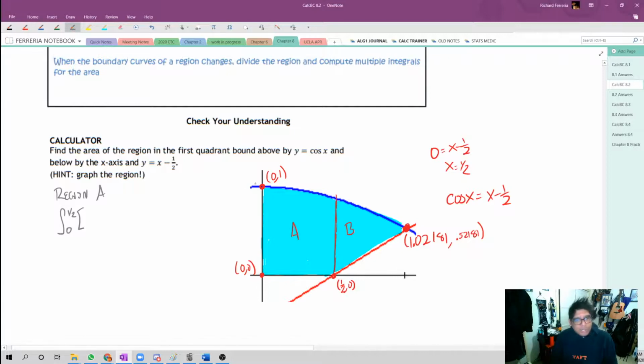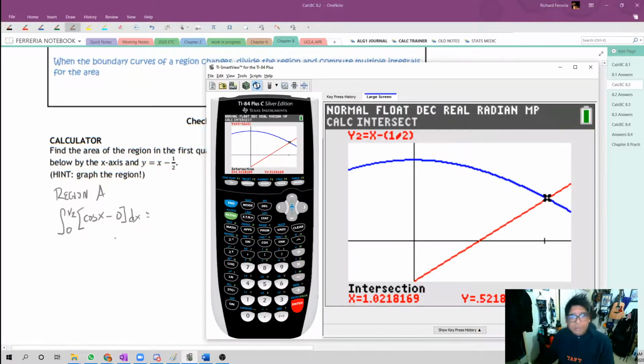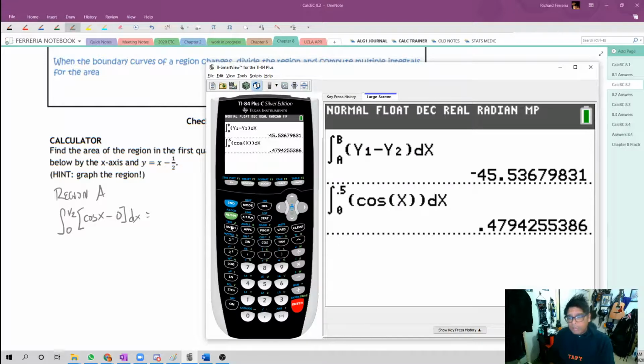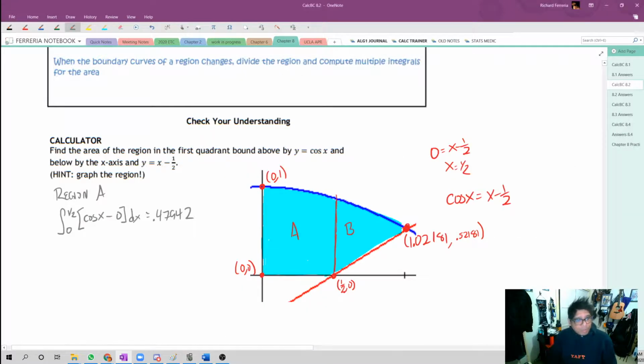The top function here is the blue line, which is cosine, and the bottom is the x-axis, so that's 0. Of course, you don't have to write 0 there. And we'll calculate that now. What's the integral of cosine from 0 to 1/2? Integral from 0 to 1/2 of cosine x dx, 0.4794.